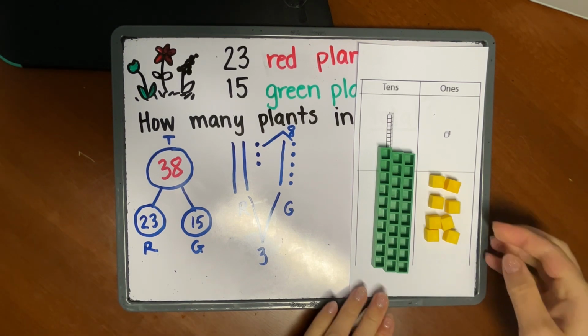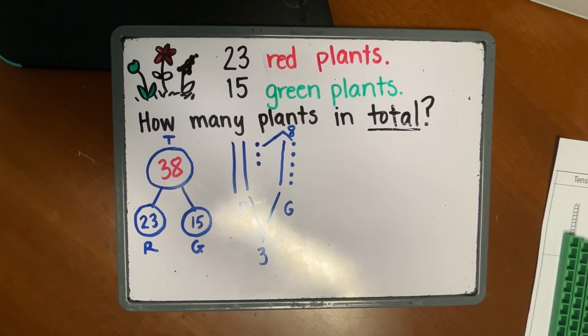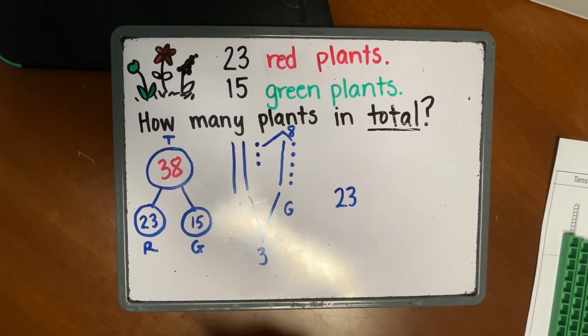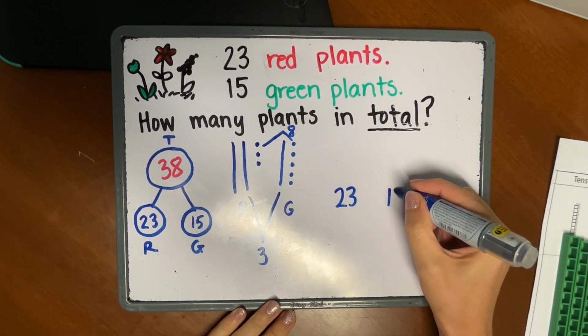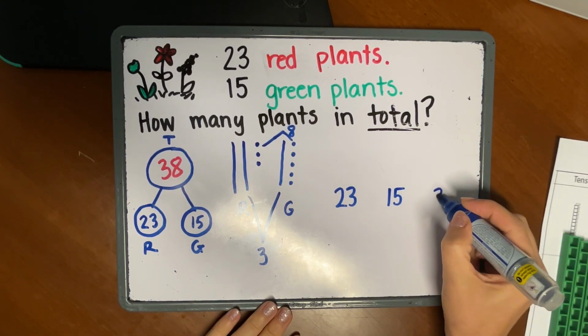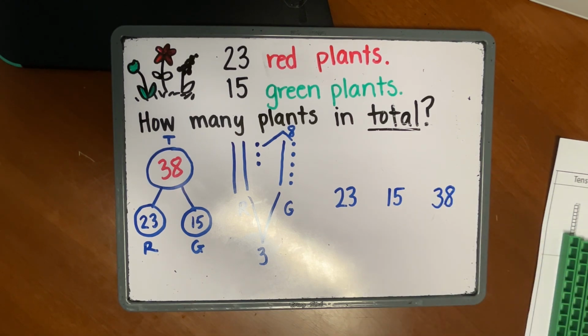How can we now write this with numbers and symbols? Well, I know that there was 23 red plants and 15 green plants, and all together in total there was 38 plants. What symbols need to go here?